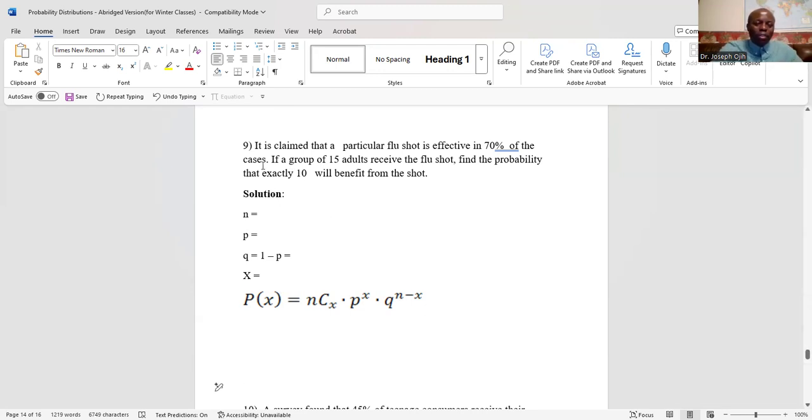Now, let's try this one. It's claimed that a particular flu shot is effective 70% of the time. 70% is the probability, because it is effective 70% of the time. That means P is 70%, which is 0.7. So if a group of 15 adults, how many adults? 15 adults. So our N is 15.